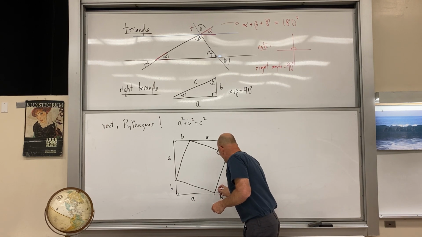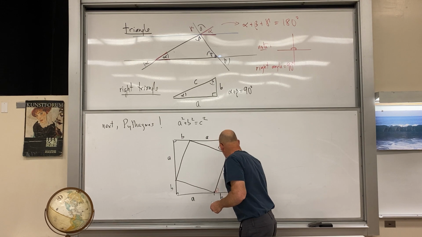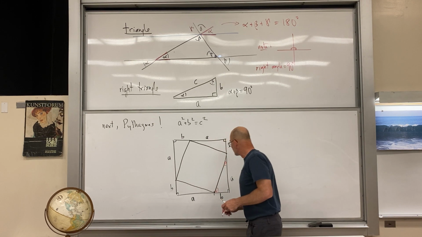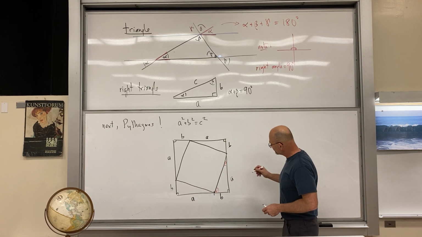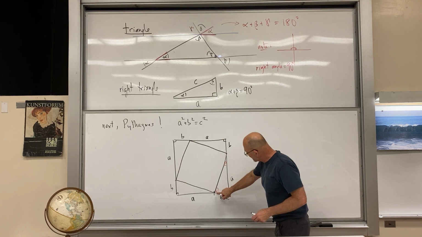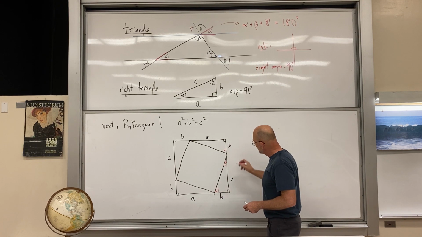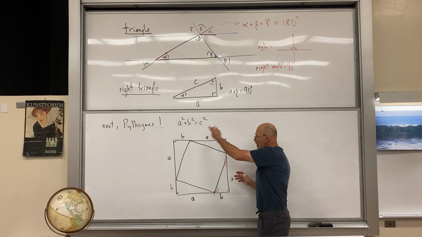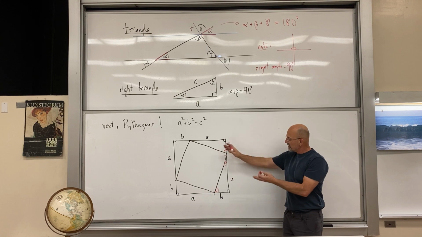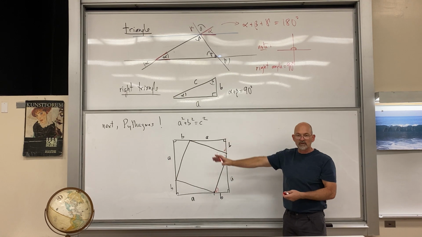So if I call this alpha and this beta over here, then I can just by construction see that I've got an alpha here as well, and therefore alpha plus beta is 90, and I can repeat that all the way around. So yes, what I have inside the big square is a smaller square.